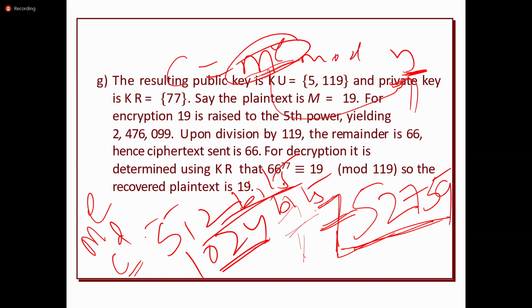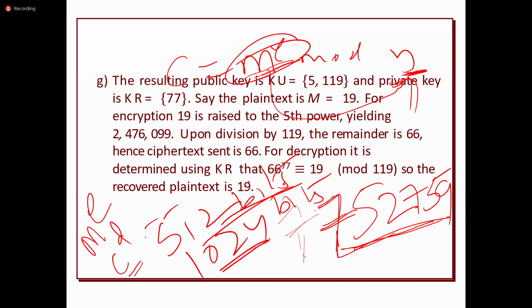It is computationally hard to find the m power e or c power d value. So choosing the prime numbers as well as computing the m power e and c power d values is the hard task in the RSA algorithm.